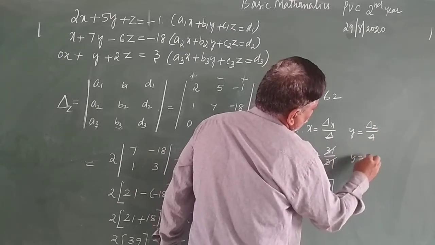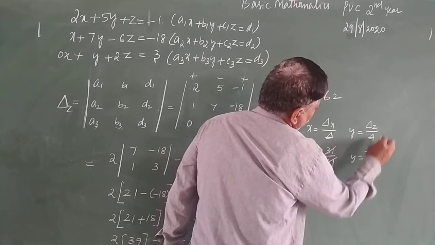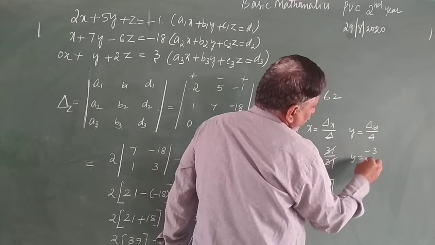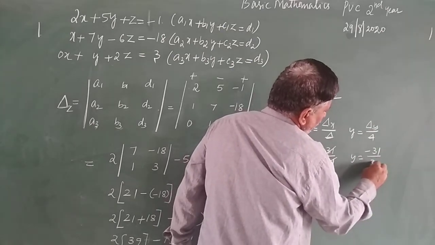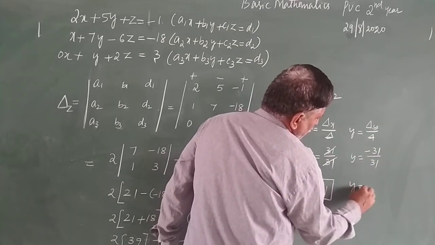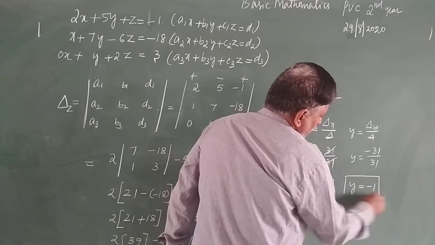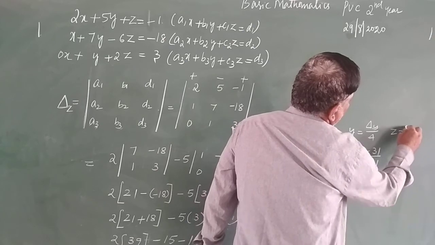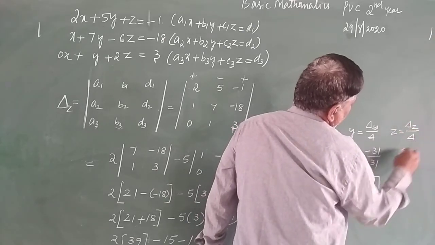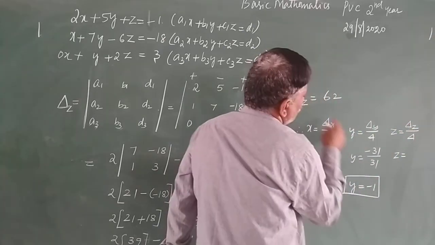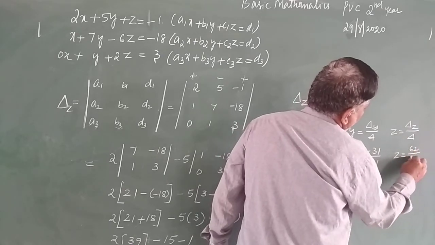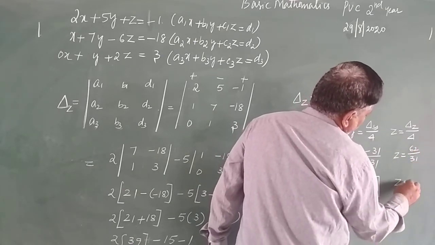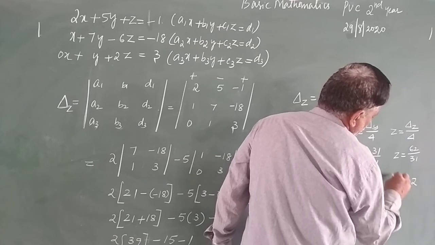Delta y is what? Minus 31 divided by 31. Y is equal to minus 1. Next, z is equal to delta z by delta. Delta z is how much? 62 divided by 31. So z is equal to 2.